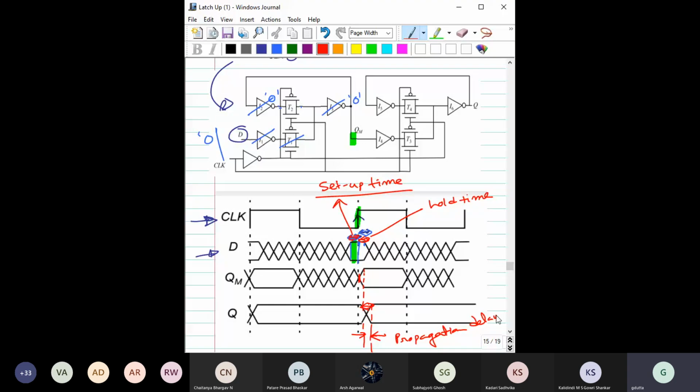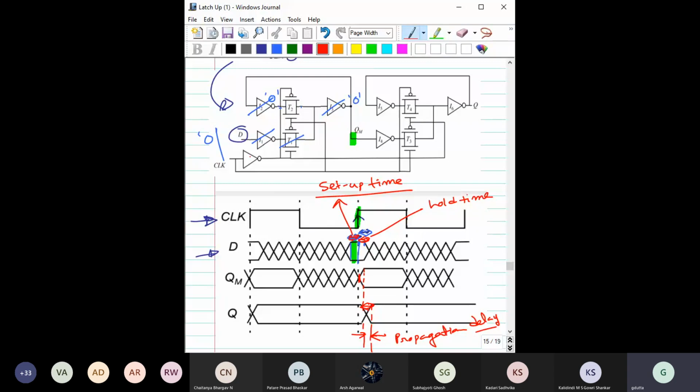So any idea then why there should be any hold time? Why does the input have to be stable even after this positive clock edge? Right, right. But see, let's consider it this way.